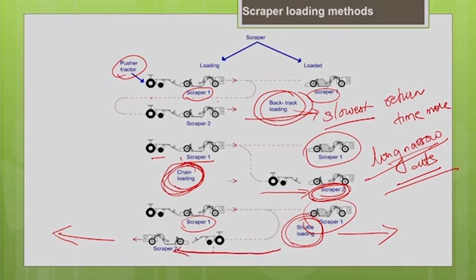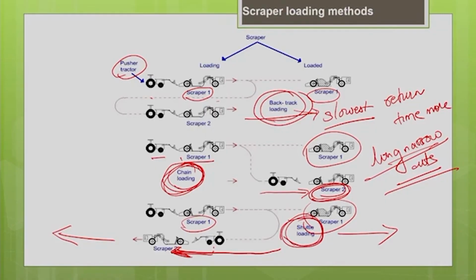Your pusher is pushing another scraper in the opposite direction. That means you have scrapers moving in both directions in this particular site, because we have fill areas in both directions. So in that case you can go for shuttle loading. Here also return time is reduced, so the cycle time is reduced.